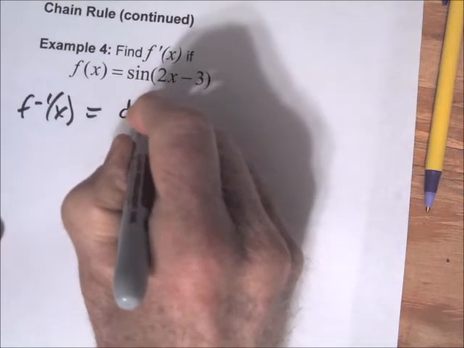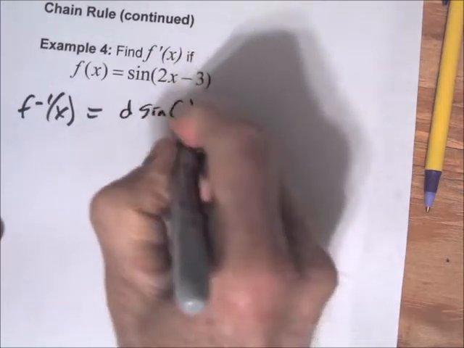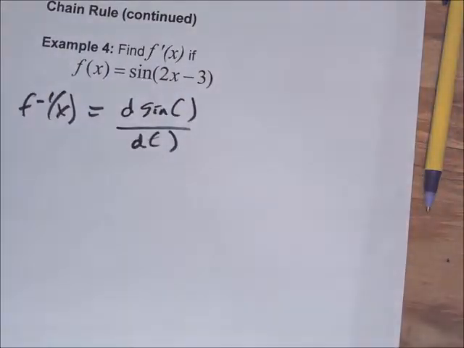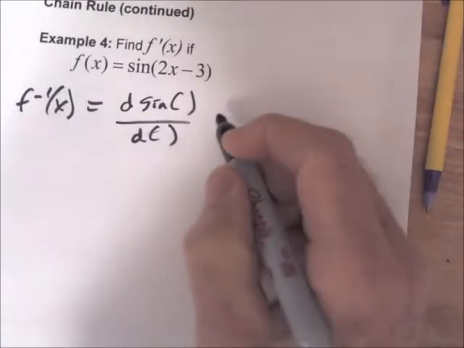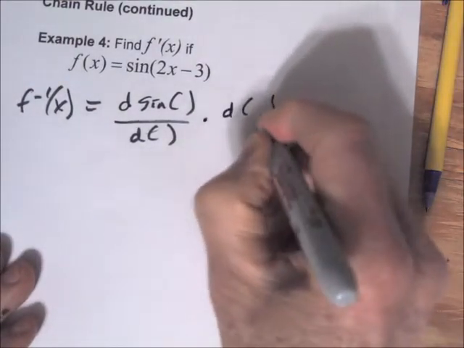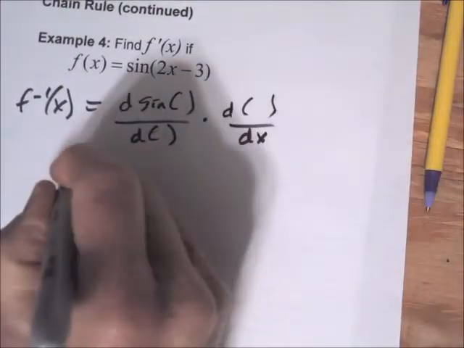So this is the derivative of sine of the inside with respect to the inside, and then times the derivative of the inside function with respect to x.